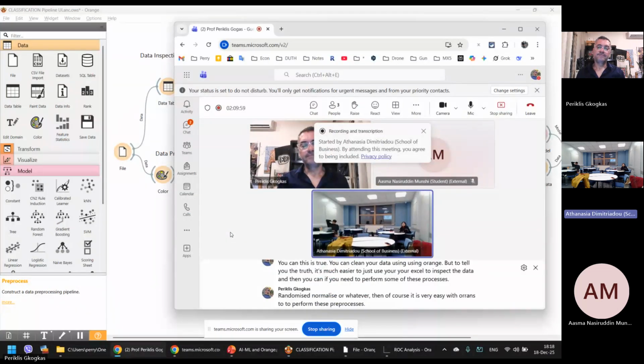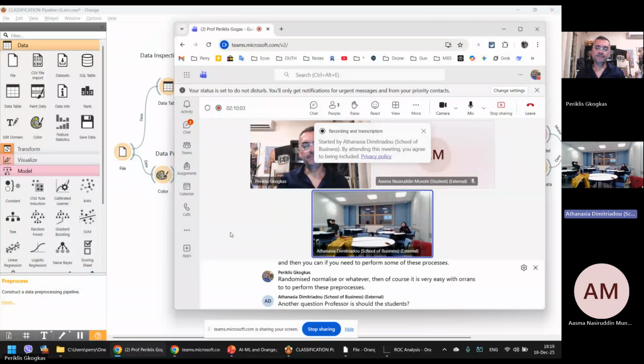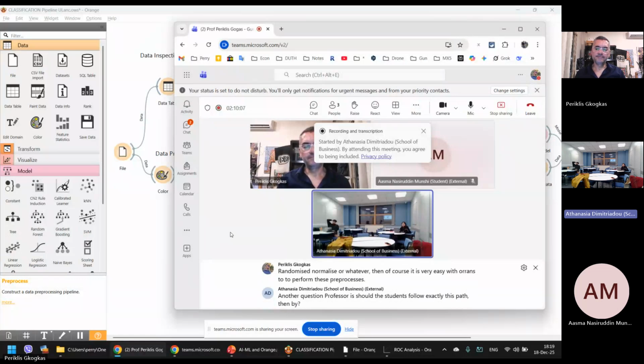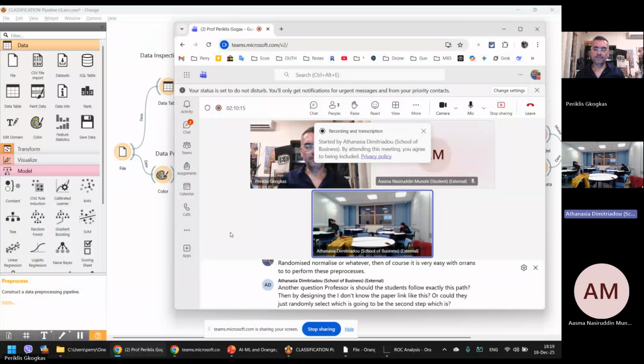Another question, Professor, is should the students follow exactly this pattern in designing the pipeline like this? Or could they just randomly select which is going to be the second step, the third step, the fourth step, and so on? What do you mean by steps?